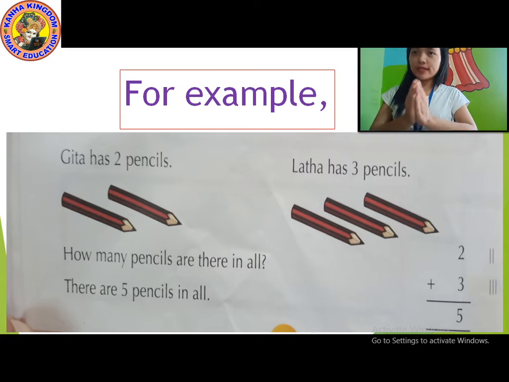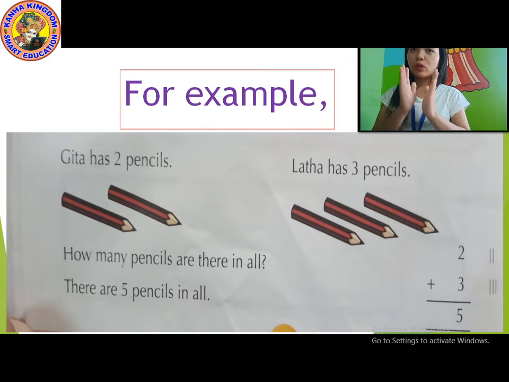How many pencils are there in all? That means you have to add the number of pencils of Geeta plus the number of pencils of Lata. So how many pencils are there? 5, right? So see, there are 5 pencils in all.